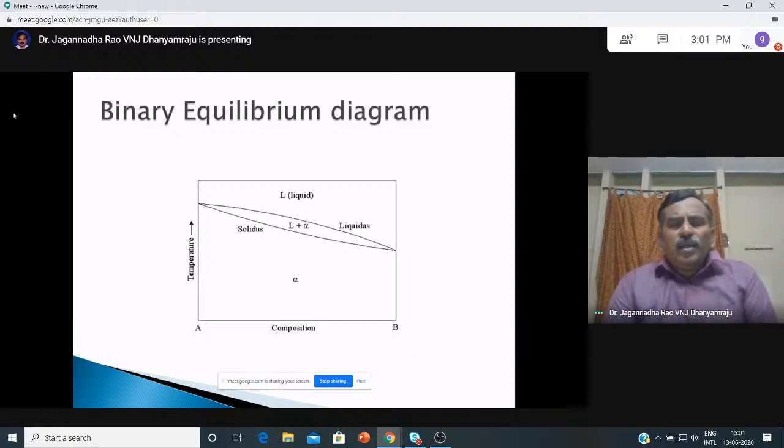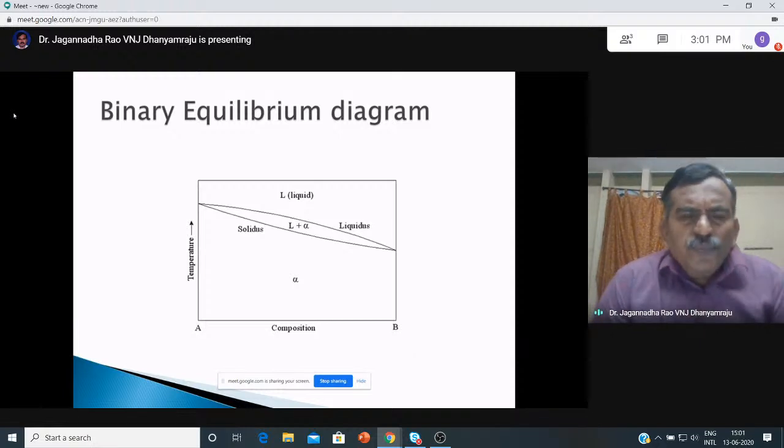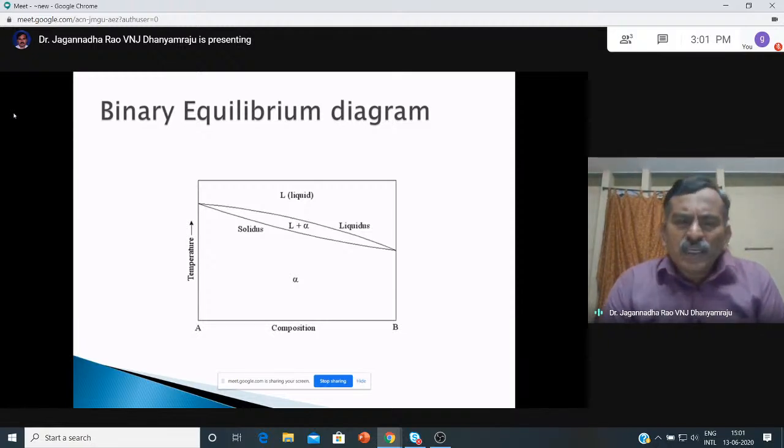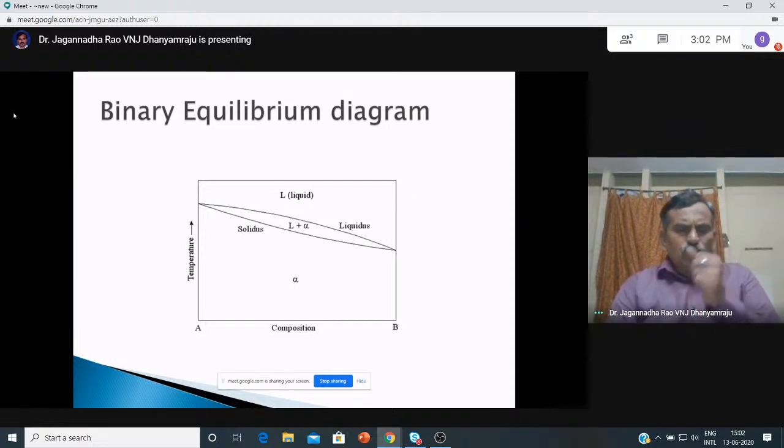Let us first see what is an alloy. Alloy is a combination of two or more elements, and at least one is a metal. So that is what we call an alloy. There must be two constituents or two components, A and B, and at least A or B is a metal.